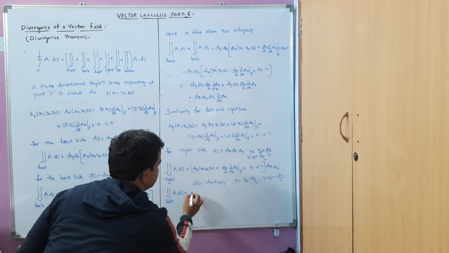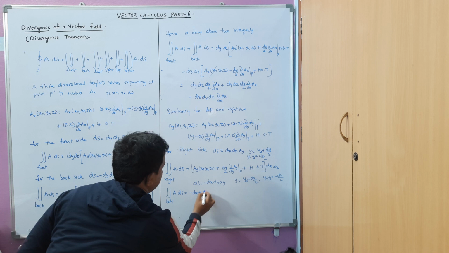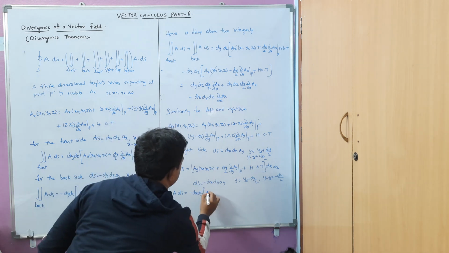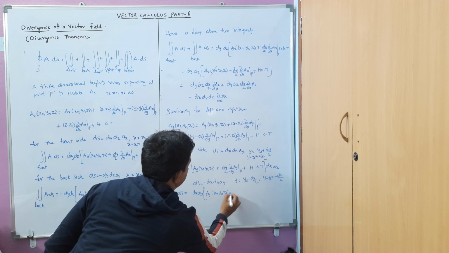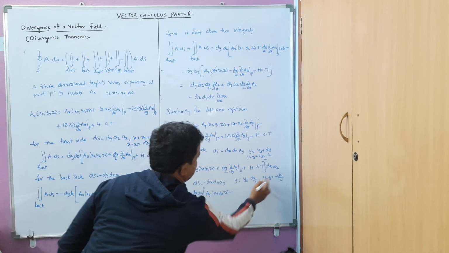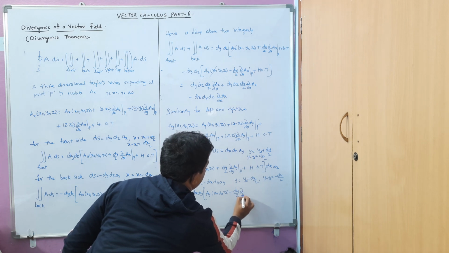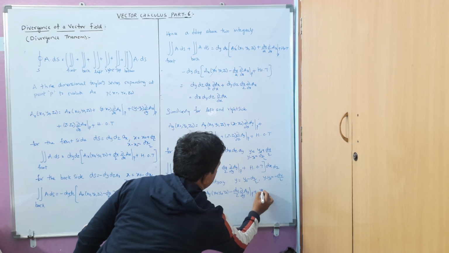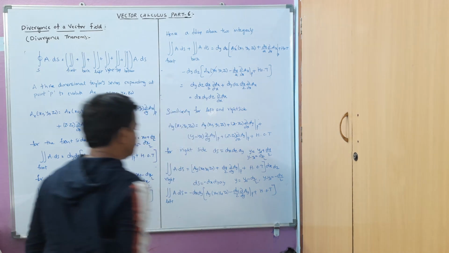So this will become minus dx dz into ay of x naught, y naught, z naught, plus, instead of plus I get here minus dy by 2 dou y of ay at point P, plus higher order terms.